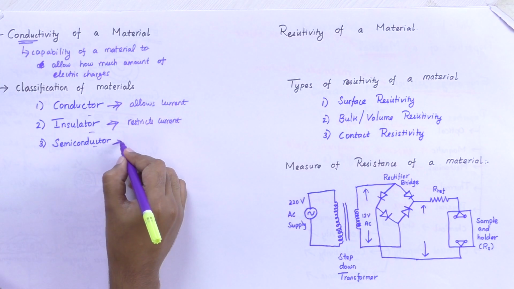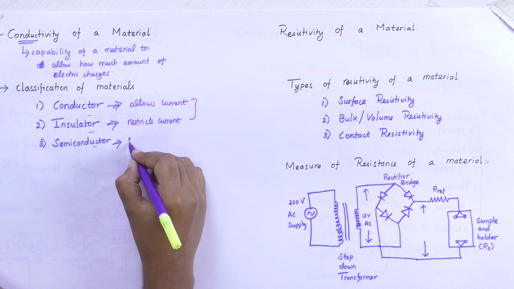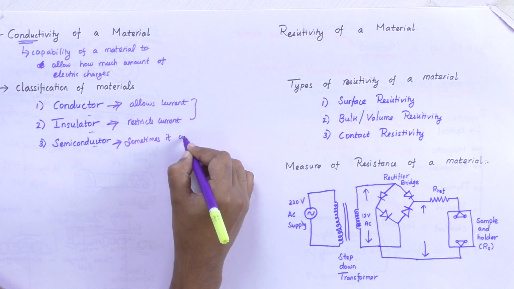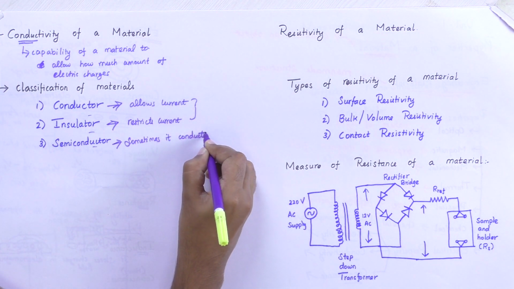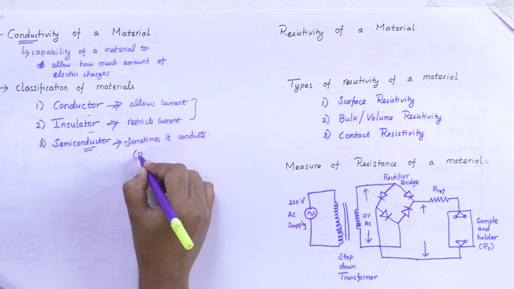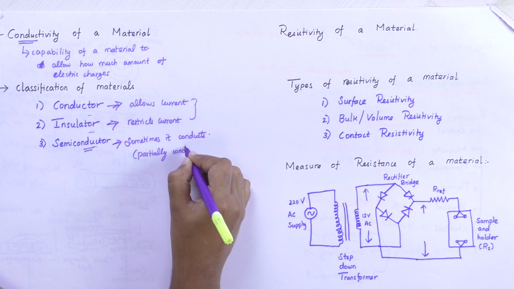It does not conduct any charges through it. Semiconductor is somewhere in between conductor and insulator. Sometimes it conducts. Therefore, we say a semiconductor is a partially conducting material.